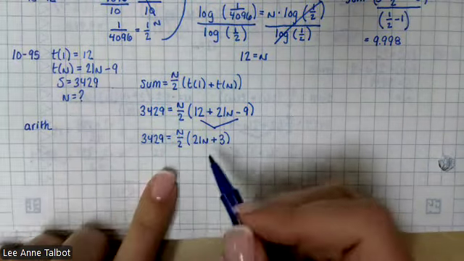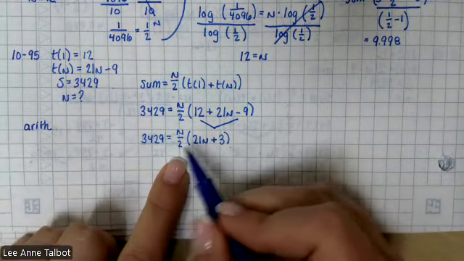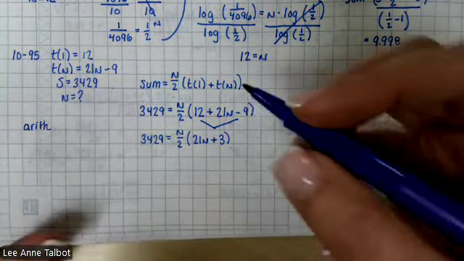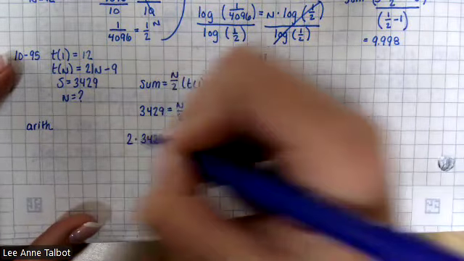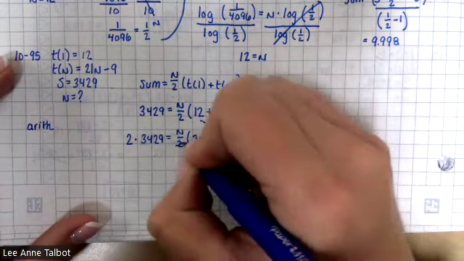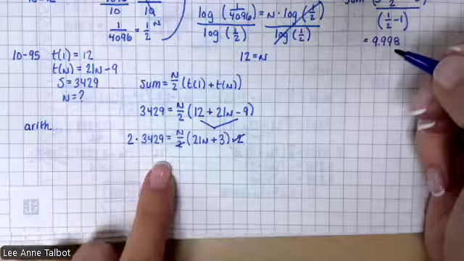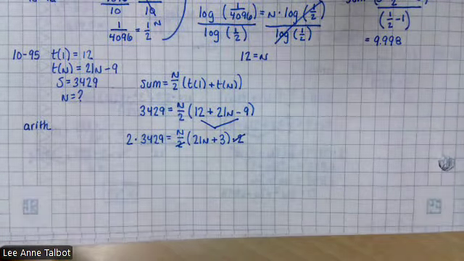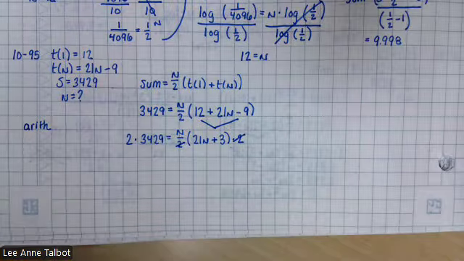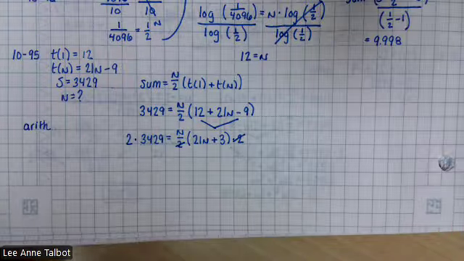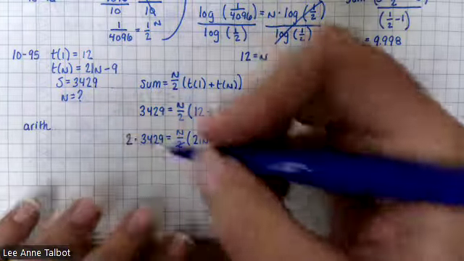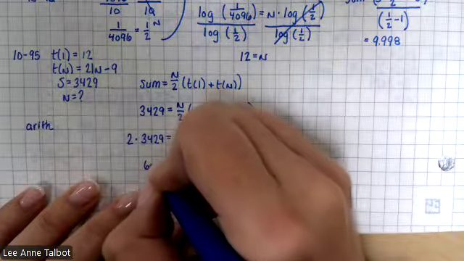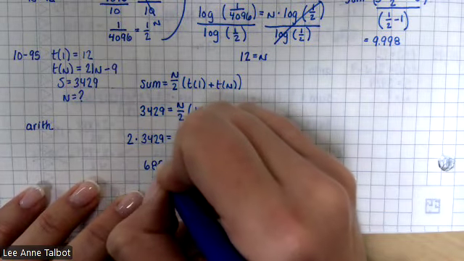Now normally if these were both even numbers, I would divide them by 2, but I don't want to do that because I'm going to make them decimals. So instead, I'm going to multiply both sides by 2 to get rid of the denominator. 3,429 times 2 is 6858.